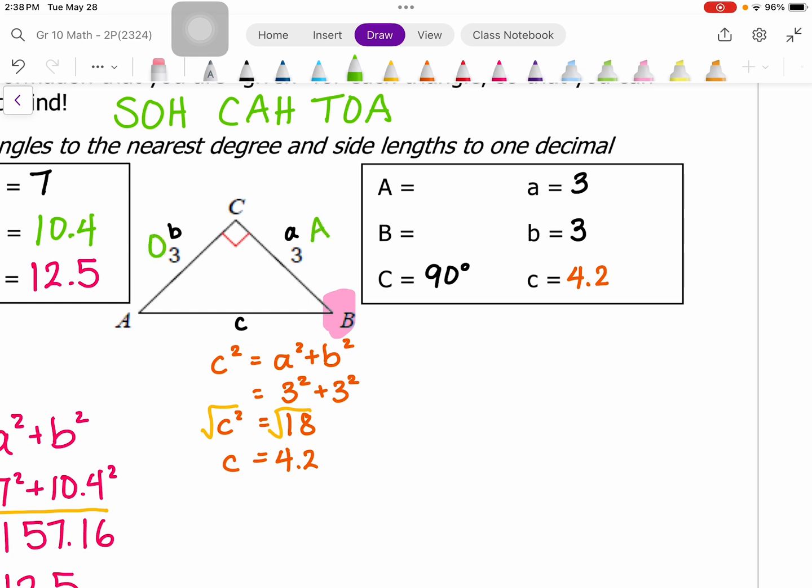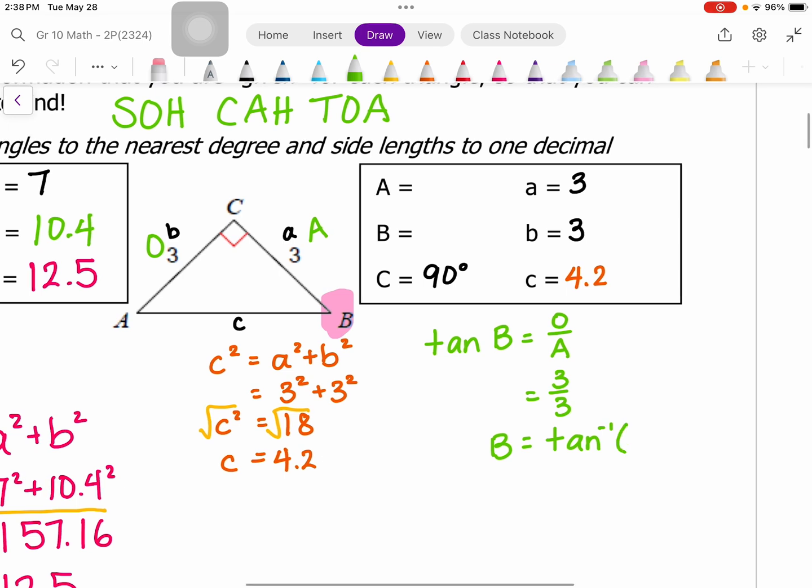So I can do the tan of angle B is equal to opposite over adjacent. So that's equal to 3 divided by 3, which is equal to 1. And then to solve for angle B, I'm going to do the inverse tangent of 1. And when I use my trig table or calculate that, 45 degrees is what I get for angle B.